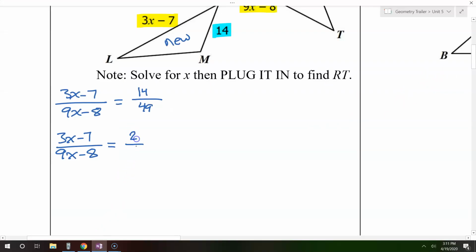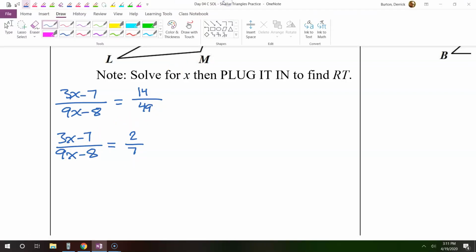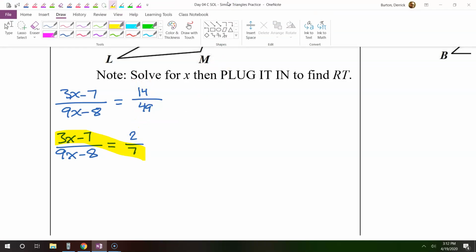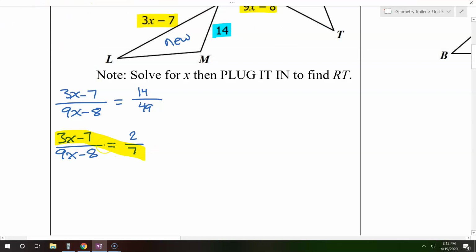But I like to reduce these fractions because it makes it easier for me to see what's happening when I do the distributive property. So now I'm going to go ahead and do the distributive property. And I think for this video, I'm going to reduce this fraction, which I haven't been doing in my other videos. So as I multiply by 7, just don't forget to do the distributive property.